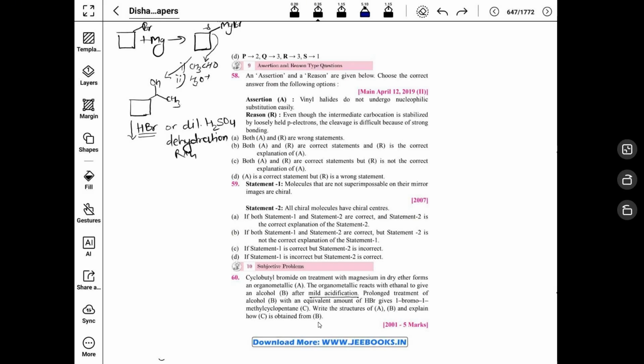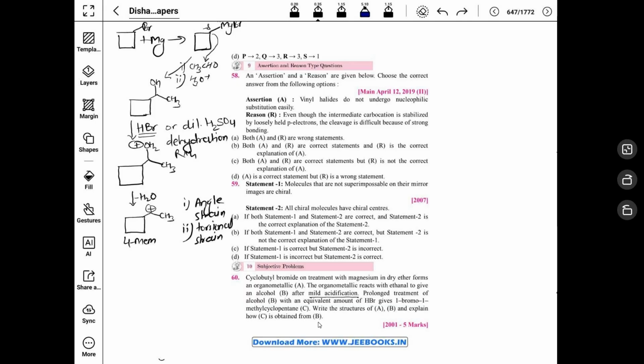So what is going to happen? First, protonation will take place. After protonation, this positive charge pushes the water to go away and gives a carbocation. This carbocation wants to stabilize, and we know that 4-membered rings are unstable due to two reasons. One is angle strain, second is torsional strain.